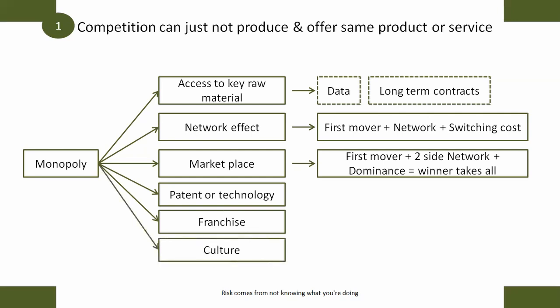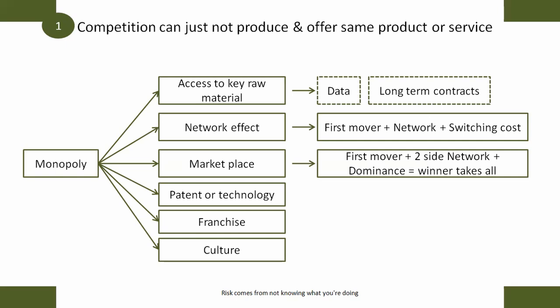And in rare cases, it could be the culture also, because in general, culture is very difficult to replicate. And in rare cases, it could give a monopoly kind of situation. For example, Berkshire Hathaway has created a kind of monopoly in terms of being the preferred buyer for many founders. They want to sell their companies only to Berkshire Hathaway.